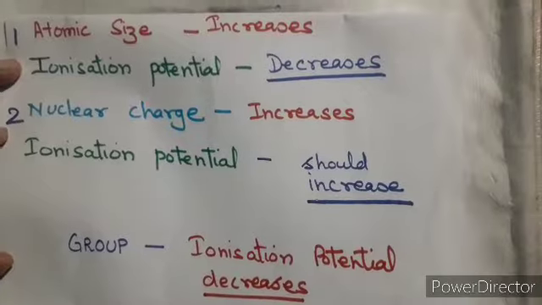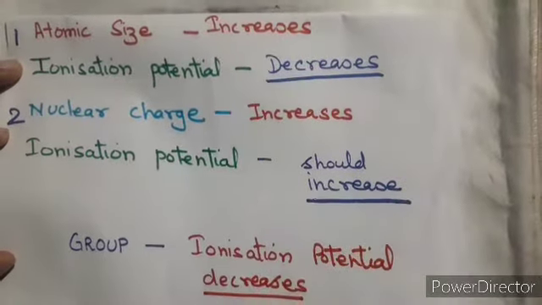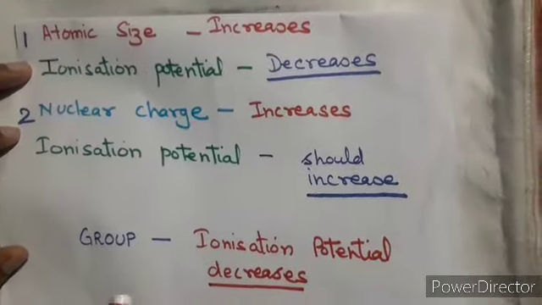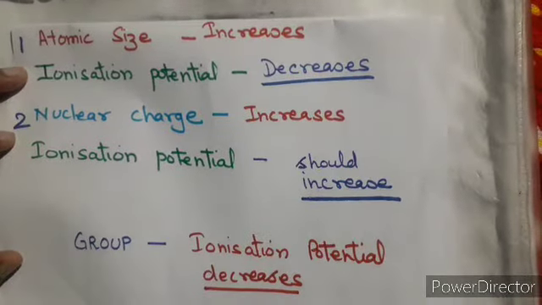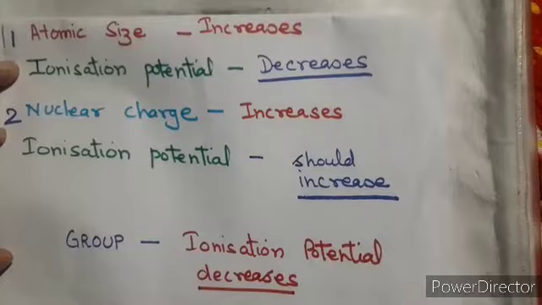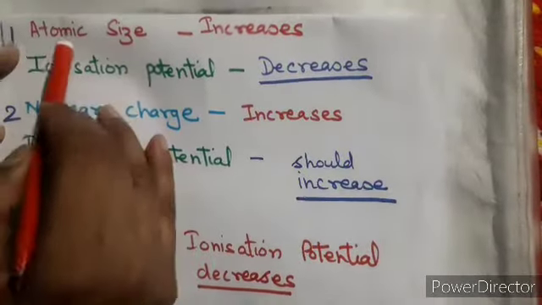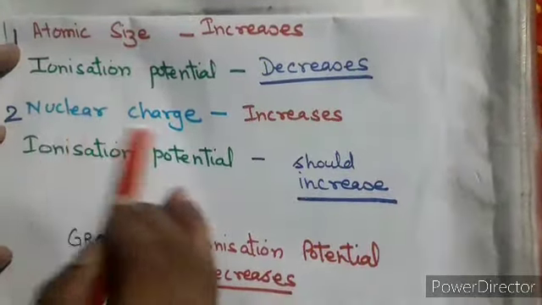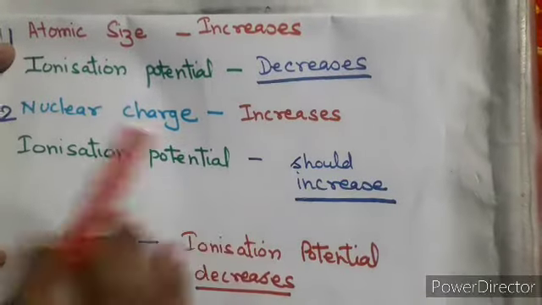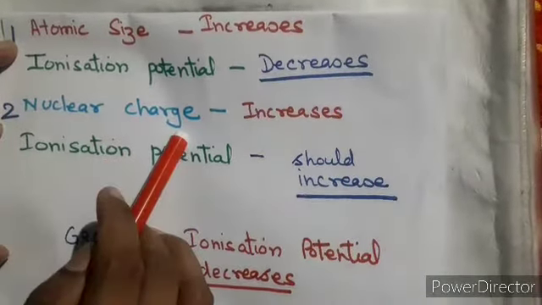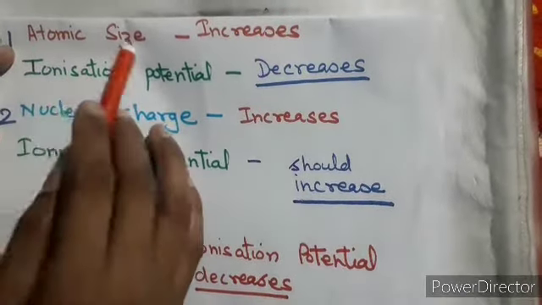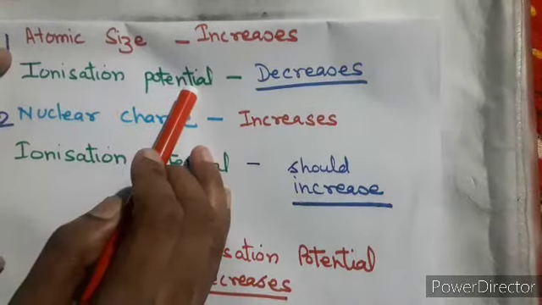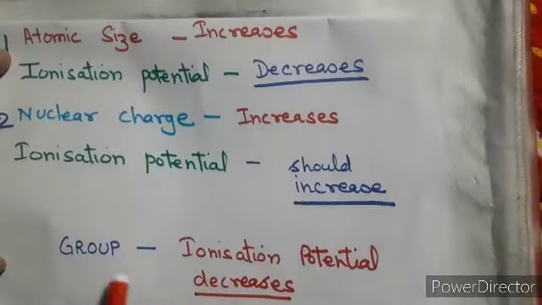So why do you get a different answer here? When you move down a group, your ionization potential decreases. In periods you got an increase, but in groups you are getting a decrease, because here atomic size dominates over nuclear charge. Whatever answer you get in terms of atomic size for ionization potential, that will be your answer when you move in a group.